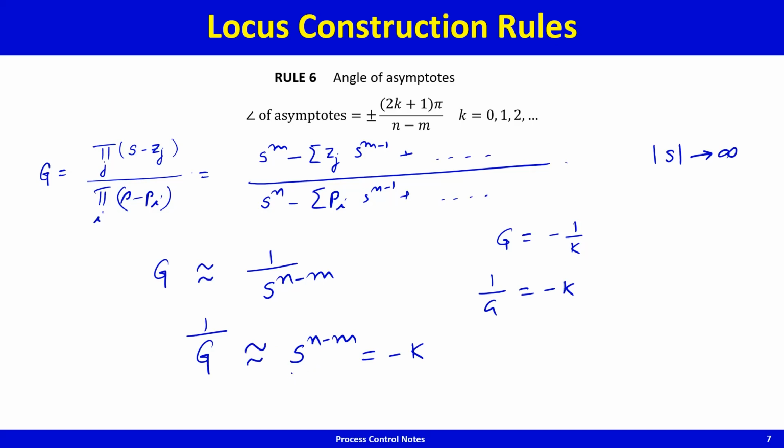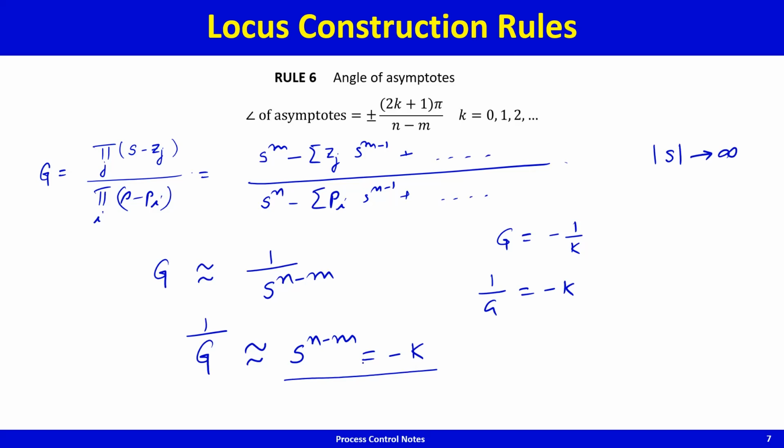So now, the special values of s that satisfy the angle condition and lie on the asymptote, this is the approximate equation of that asymptote.